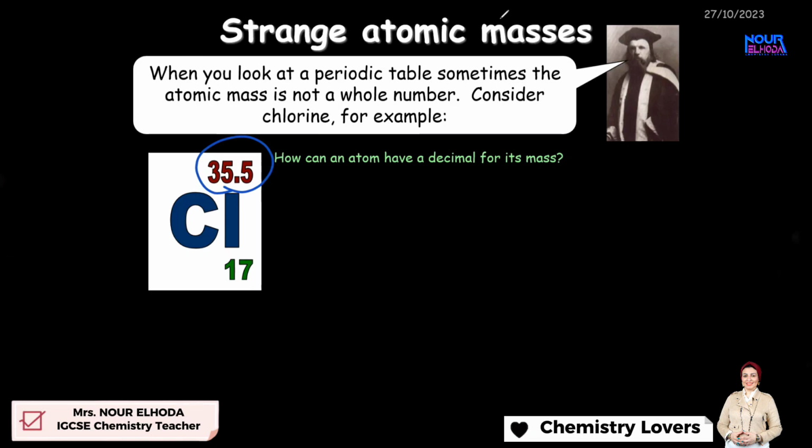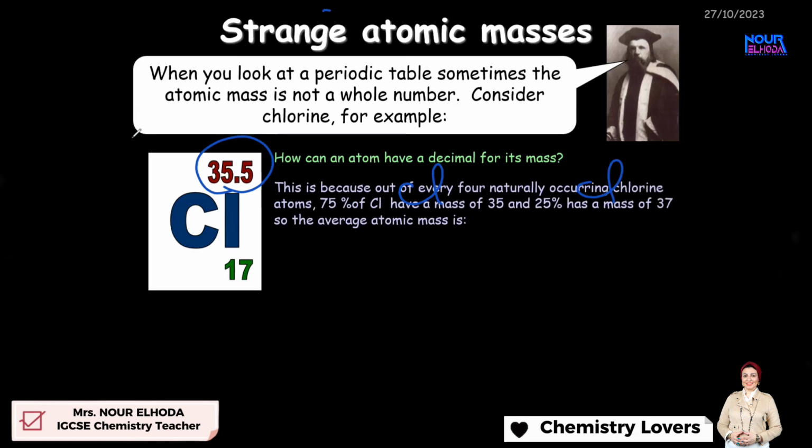Which one shall I put? By getting, exactly Farrouha, bravo. Look now. We found that chlorine has two types: chlorine 35 and chlorine 37, meaning it has two isotopes.